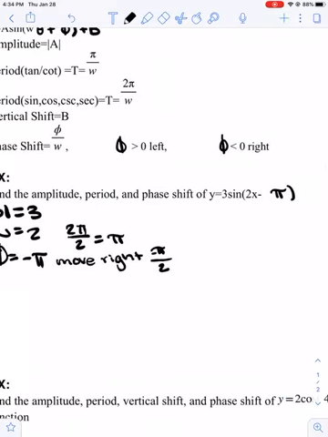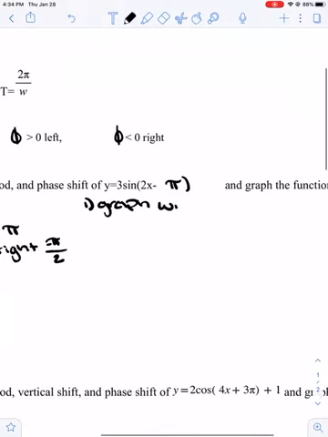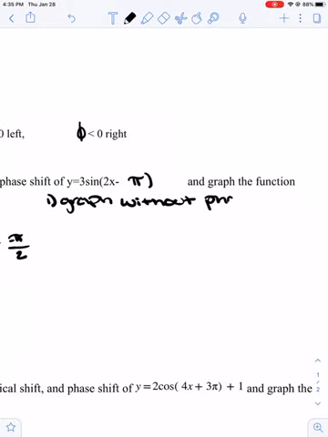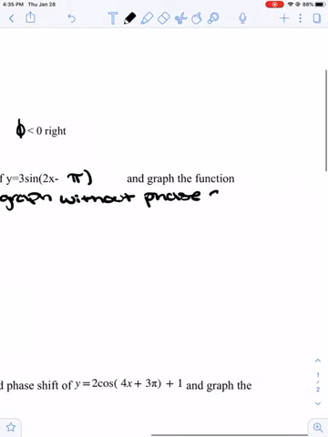So your first step is to graph without the phase shift.